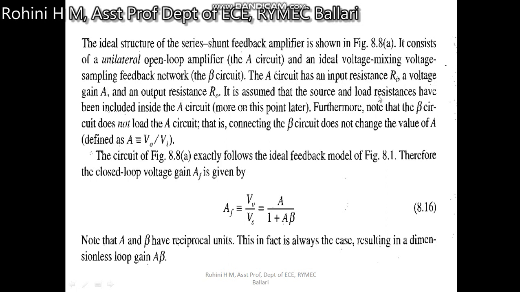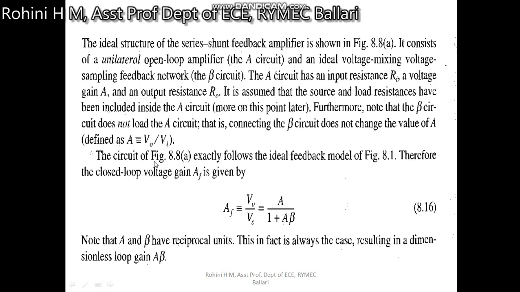It is assumed that source and load resistance have been included inside the A circuit. Further note that the beta circuit does not load the A circuit, and connecting the beta circuit does not change the value of A. As defined, Vout is equal to VR.